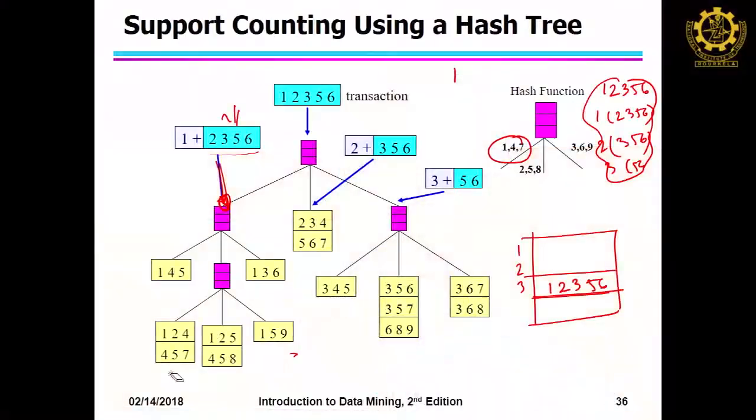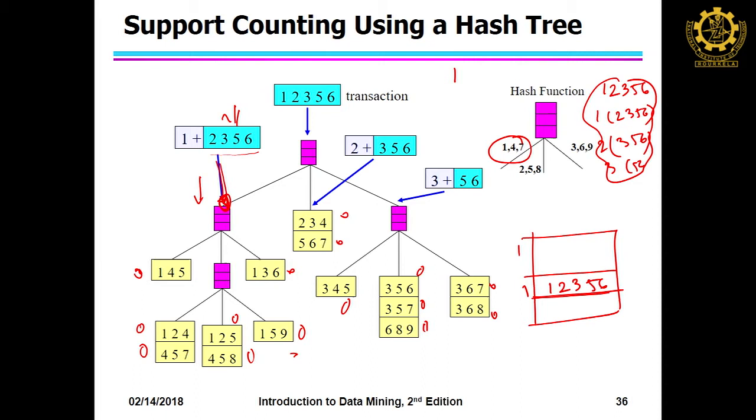So, initially this is the tree, let us say this is the tree and support is 0. So, in all cases support is 0 here. Let us say this is the first transaction, all support is 0. So, now you check it here on the left side, 1 and combination of 2, 3, 5, 6.